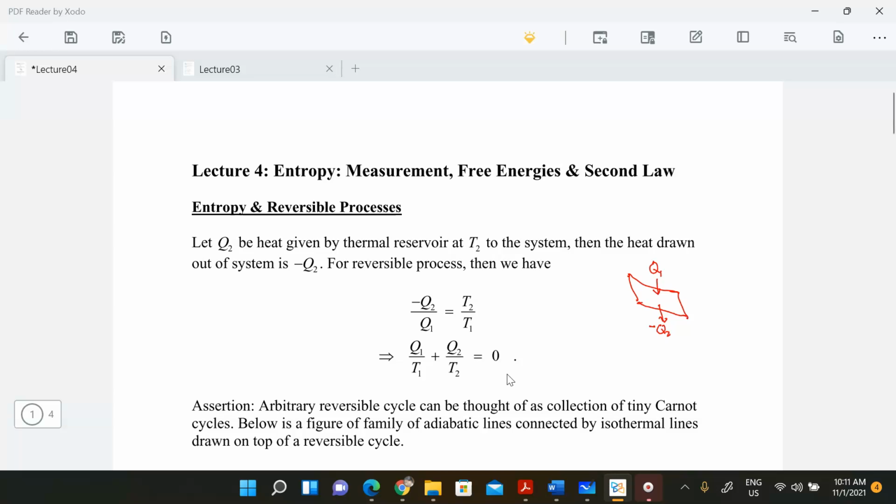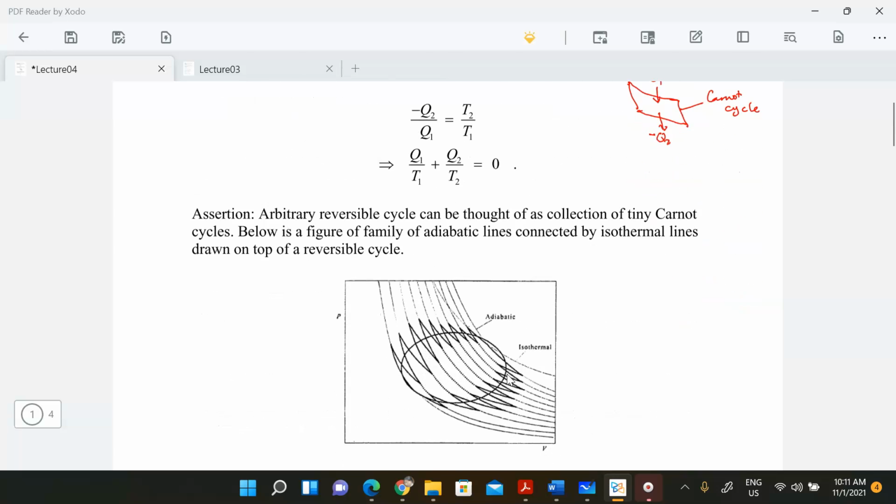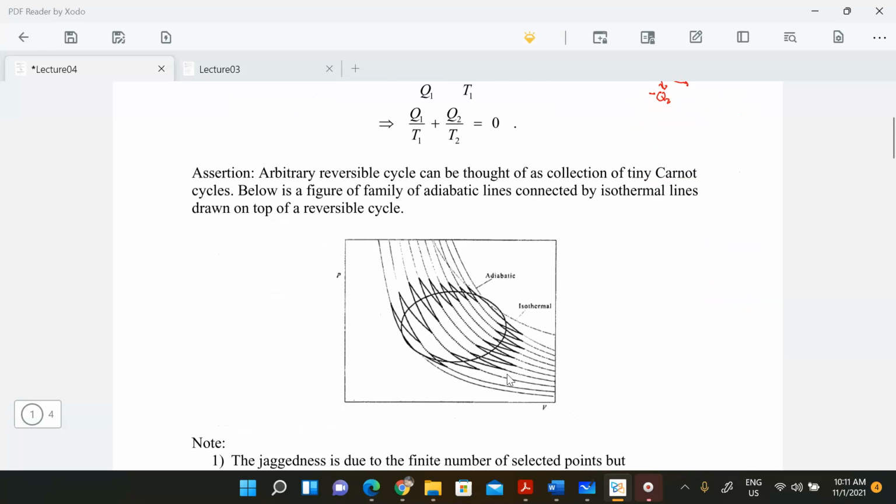Okay. So one can now, not being limited by a Carnot cycle, this is a Carnot cycle previously, but one can just think of a general reversible cycle. So it's an arbitrary reversible cycle. So here the circle over here is an arbitrary reversible cycle.